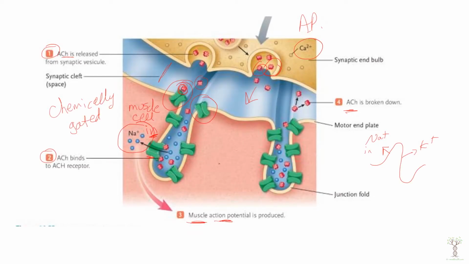And then lastly, after we start to depolarize this muscle cell, the last step is that the acetylcholine is going to be broken down. I want to just focus for 1 second on this aspect. Previously, we talked about serotonin, how serotonin moves across a synapse and it binds to the postsynaptic cell.